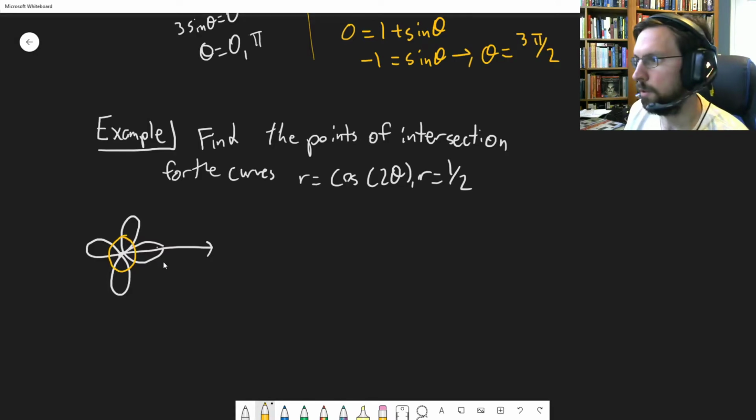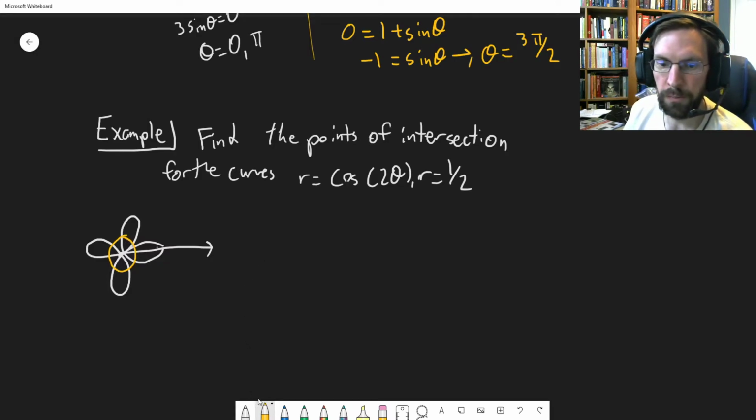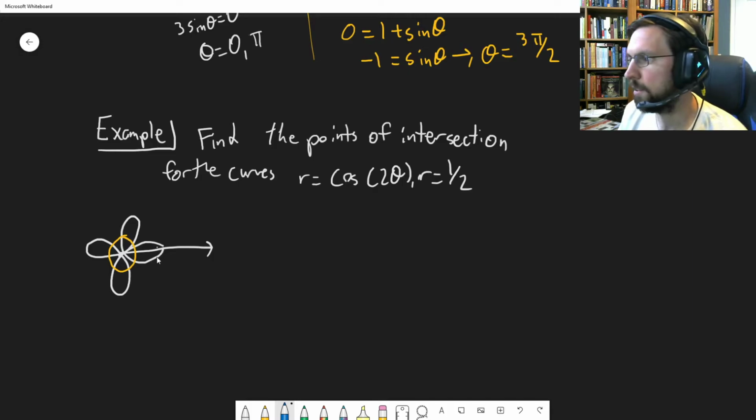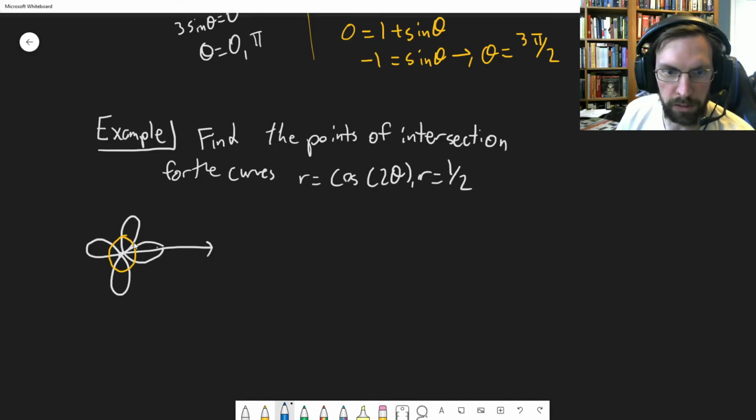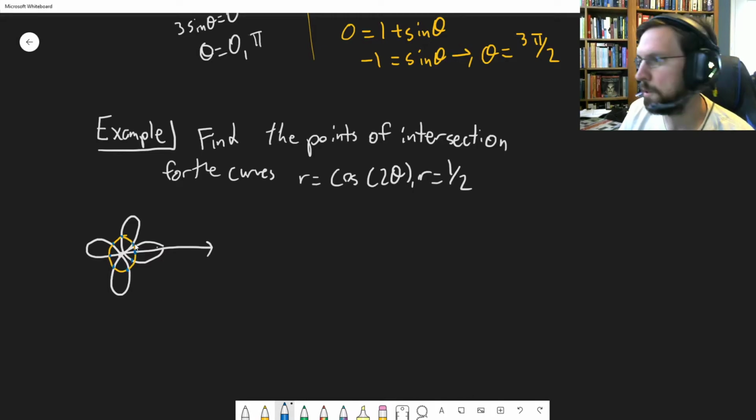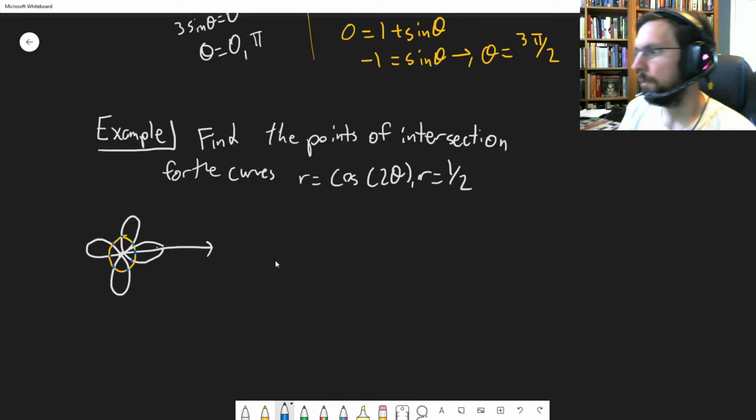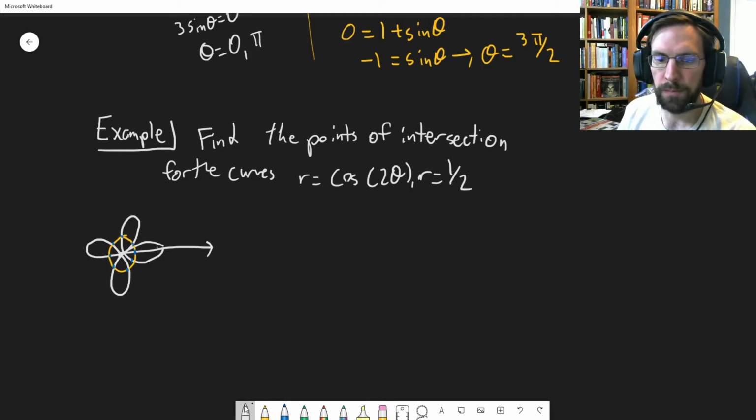Okay, so that's a circle of radius 1/2 centered at the origin. So just looking at this, we should be able to eyeball this. We should say that there's 1, 2, 3, 4, 5, 6, 7, 8 points of intersection. So let's find those 8 points of intersection.